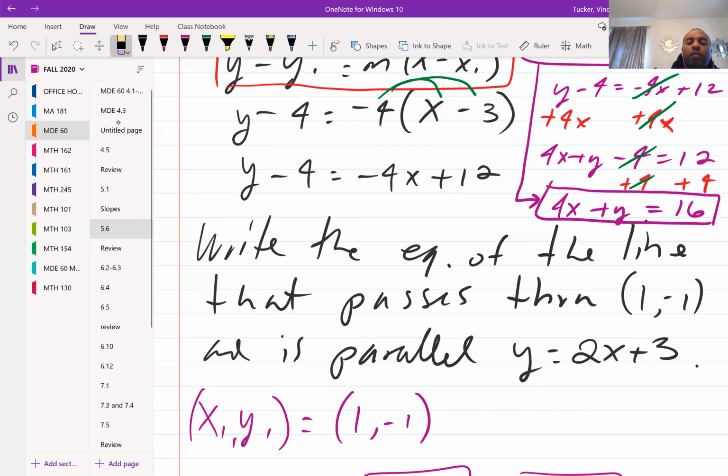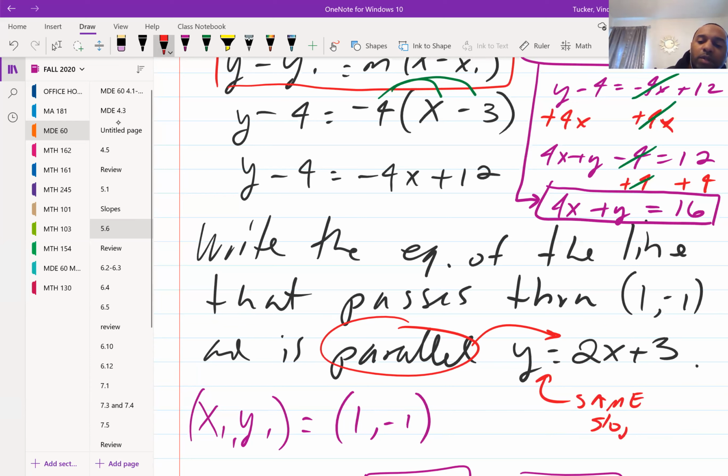So key here is that the line that we want to create is going to be parallel to this line. If it's parallel to this line, then it needs to have the same slope. Remember we talked about that the other day as well. Lines that are parallel have the same slope.